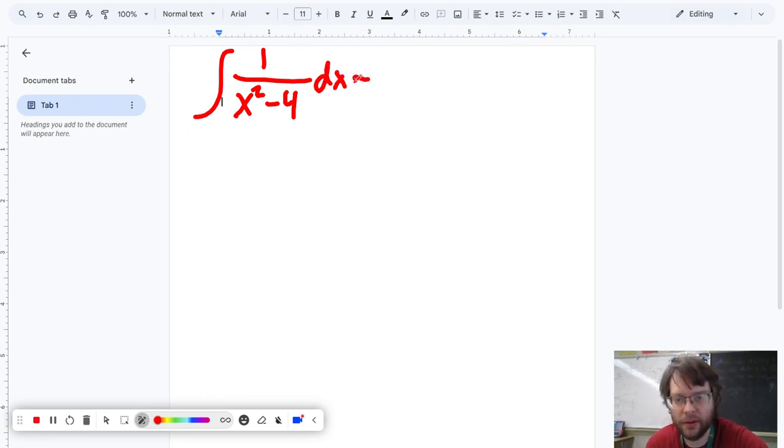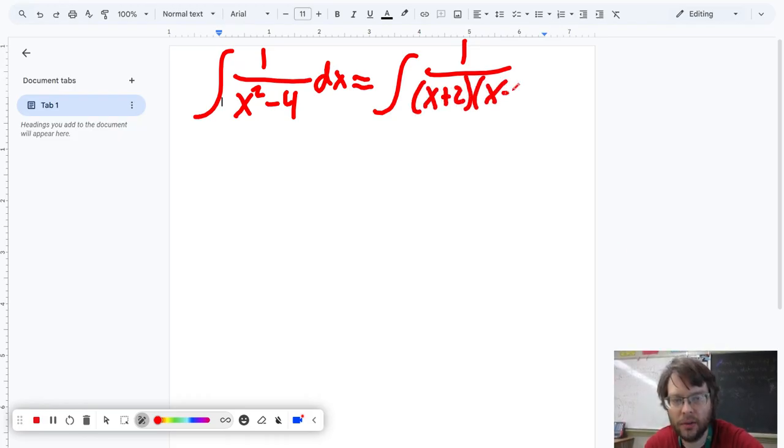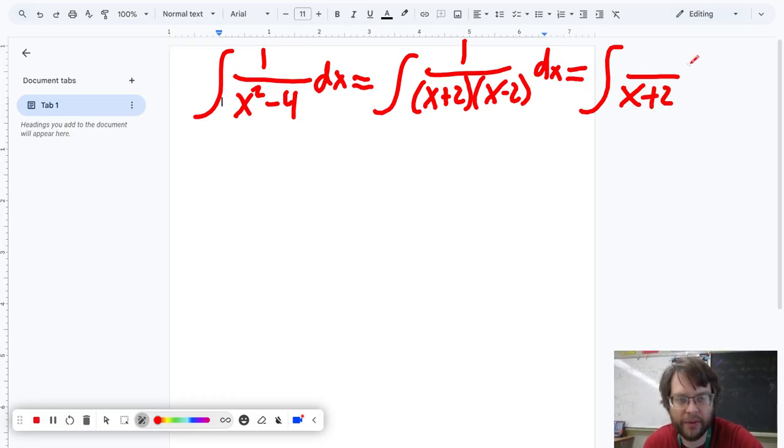What I notice, though, is that the bottom can be factored to be x plus 2 times x minus 2. And then that means that I can split it up into two separate fractions. One of the fractions over x plus 2, and one of the fractions over x minus 2. The only thing that remains to be seen is what are the numerators of those fractions.